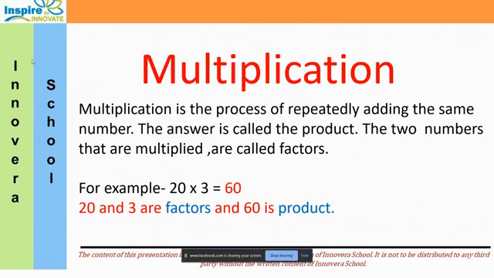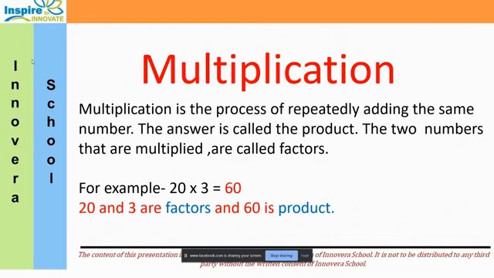For example, 20 multiplied by 3 is equal to 60. 20 and 3 are factors, and 60 is the product, the answer that we got after multiplying these two numbers.